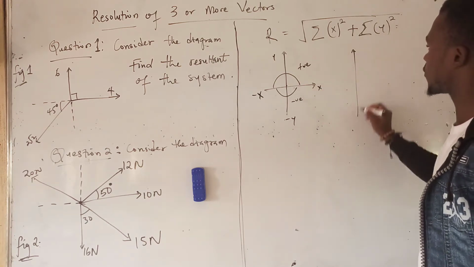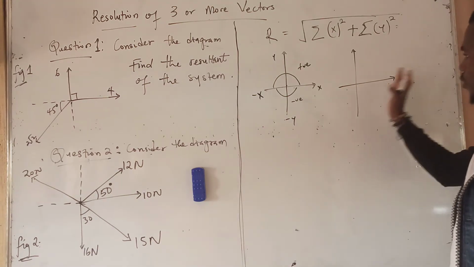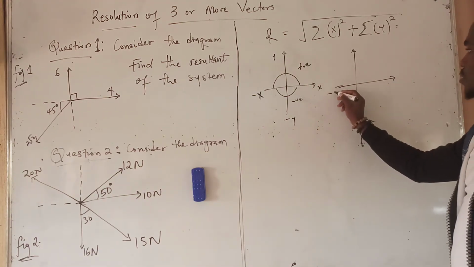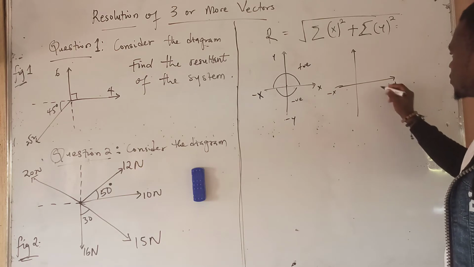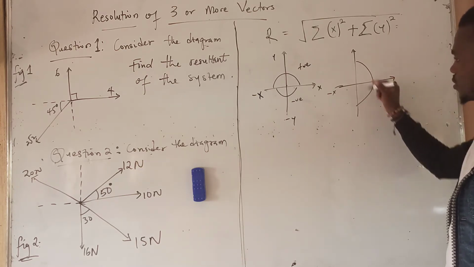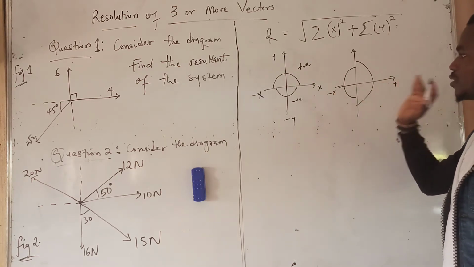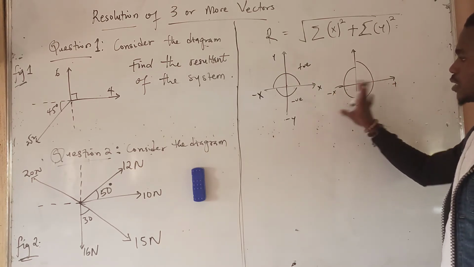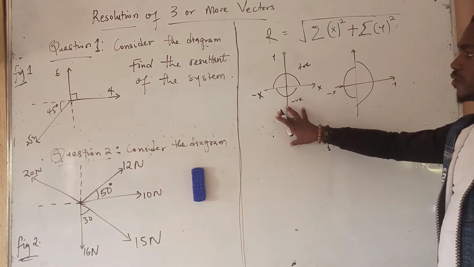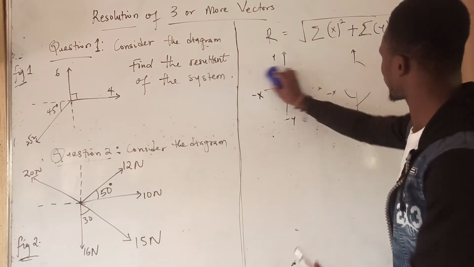Now if you are resolving for the horizontal, that is this way or this way, then this whole right part here becomes positive, and this whole left part here becomes negative. That is when you are resolving for the horizontal. This is when you are resolving for the vertical. Okay, so let's solve the question.